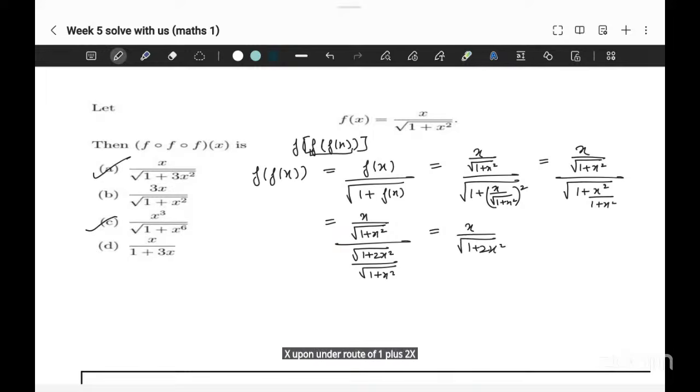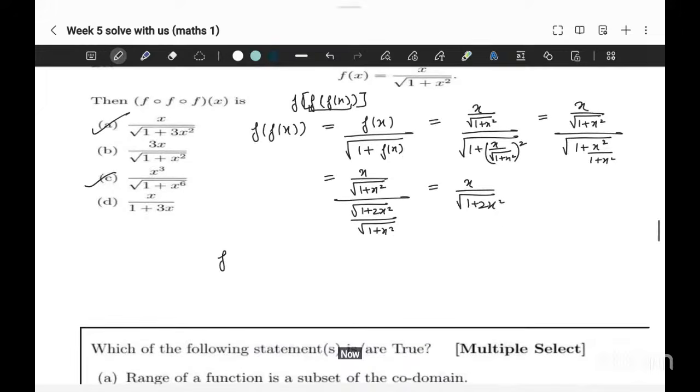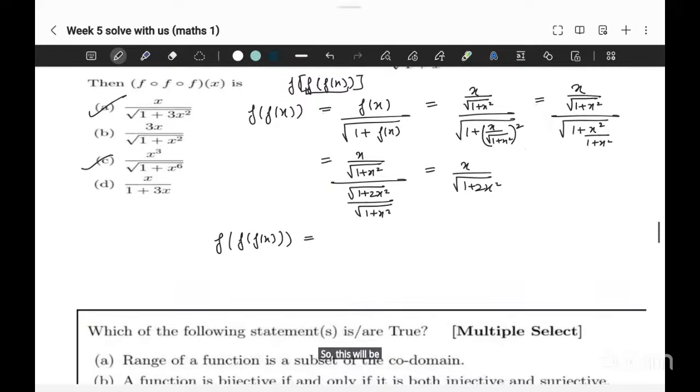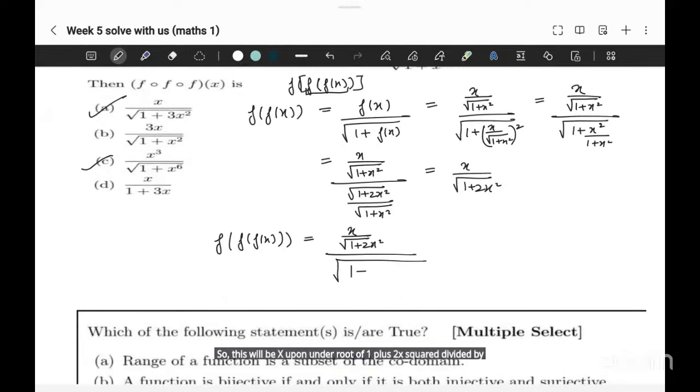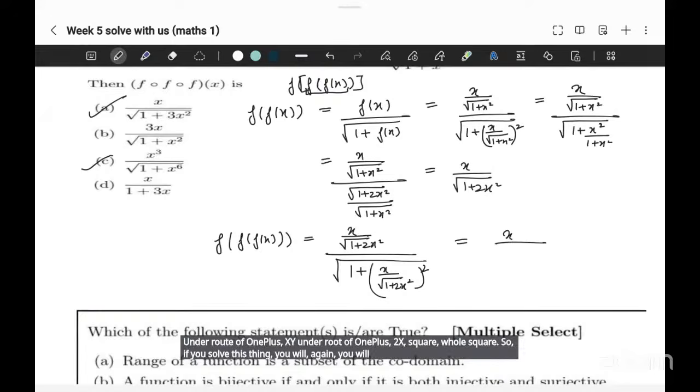Correct? Now next we will find out f of f of f of x. So this will be x upon under root of 1 plus 2x square divided by under root of 1 plus x upon under root of 1 plus 2x square whole square. If you solve this, you will get x upon under root of 1 plus 3x square.